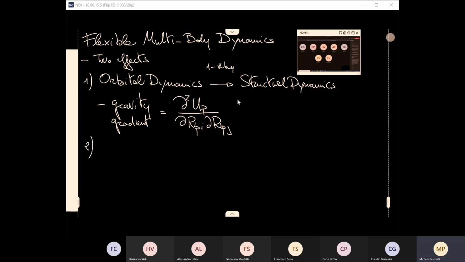Another example through which we see the effect of flexibility, another coupling, is the coupling of attitude dynamics and again, structural dynamics.